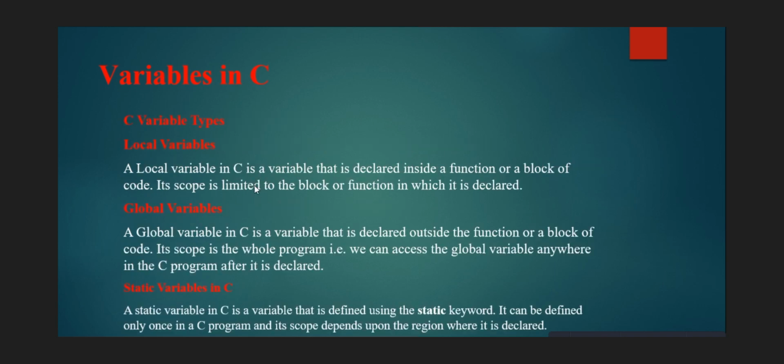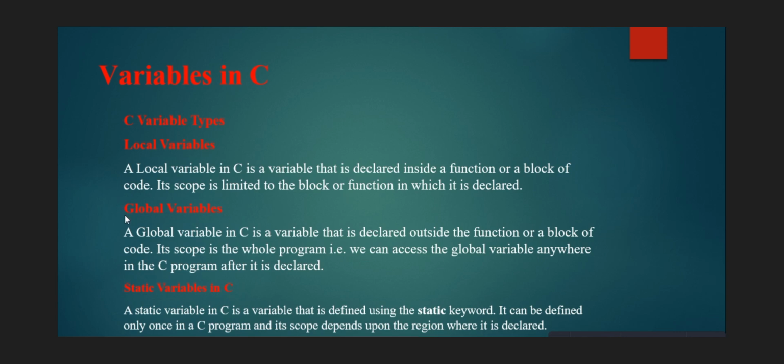Next, types of variables. What are those? Local variables, first one. What is a local variable? A local variable in C is a variable that is declared inside a function or a block of code. Its scope is limited to the block or function in which it is declared.